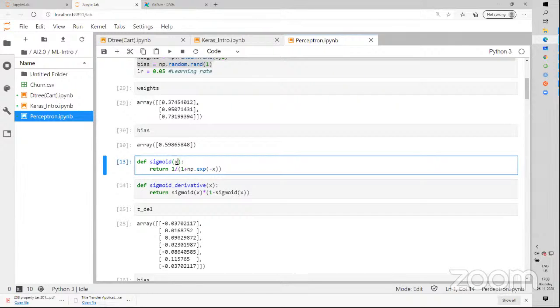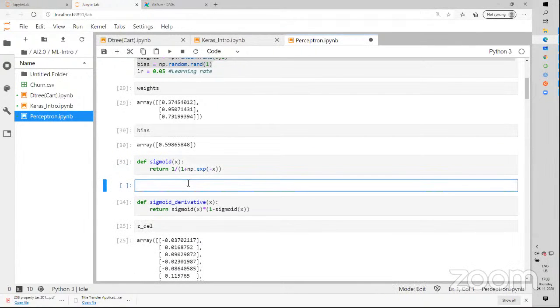And whatever the value of x, it returns 1 by 1 plus np.exp of minus x, the exponential being part of the numpy package. That is 1 by 1 plus e to the power of minus x. So let's initiate this function.